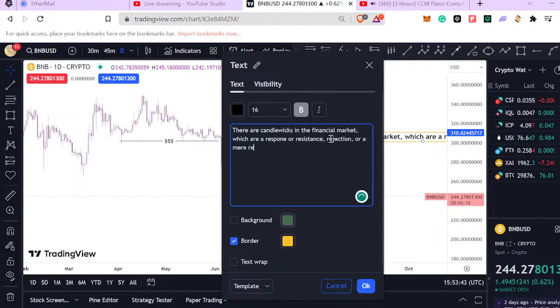I use those words carefully so we can understand what price action could mean when you see the market candles do either of these. It could be a resistance, let me write that in caps lock, resistance, or a rejection, or simple reactions. So three key things.